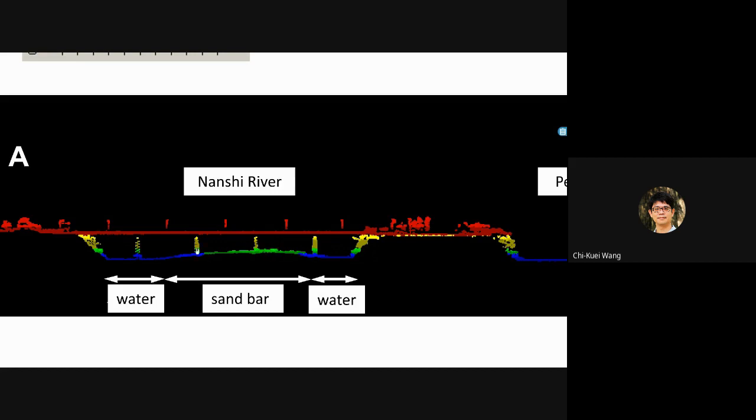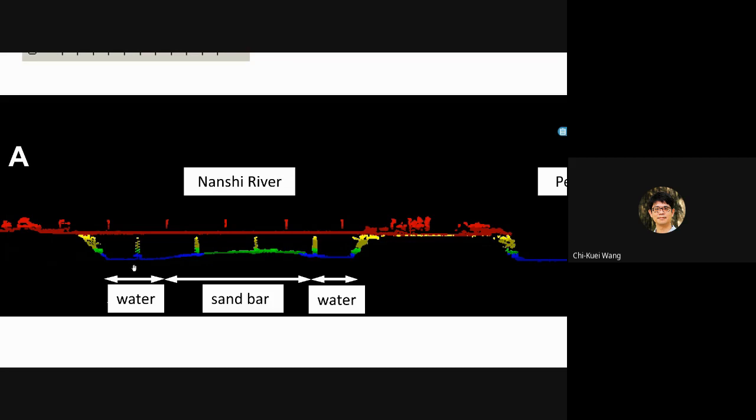This is the sandbar. This is the water area. This is the other water area. And I hope you can see that even though in the ortho photo it's just the water area, the LiDAR measurement actually shows this water area is higher than this water area.